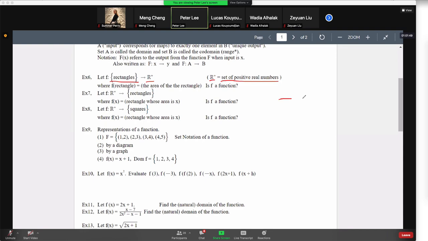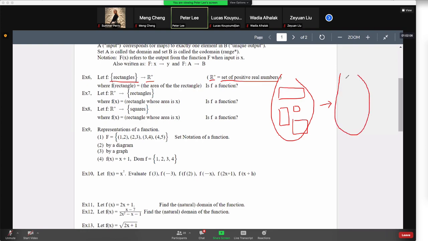So on the first set, we have a bunch of rectangles. We have a rectangle here, a rectangle here, and all these rectangles. And then from this set, we match real numbers like 1 over 10, or 2, or 6, or 12, or 12.1, all numbers.